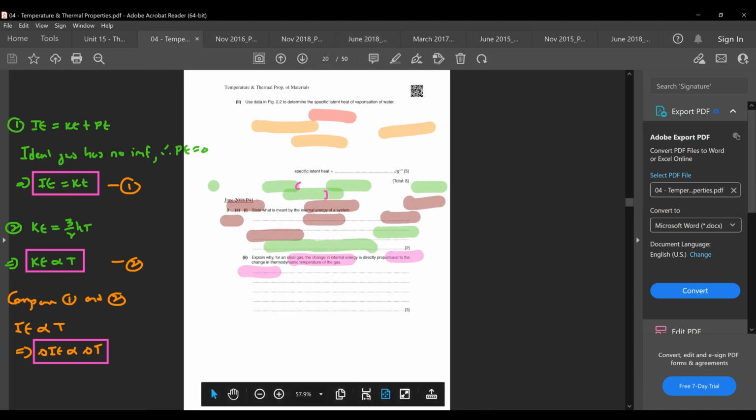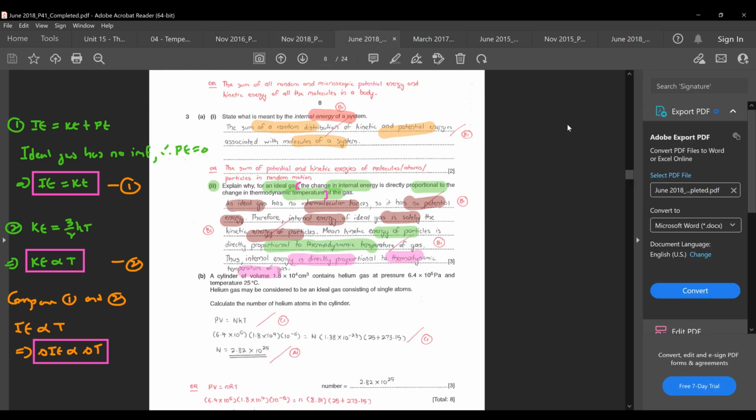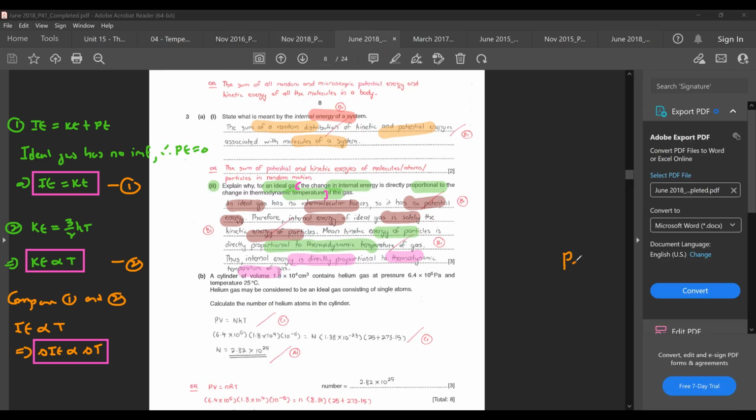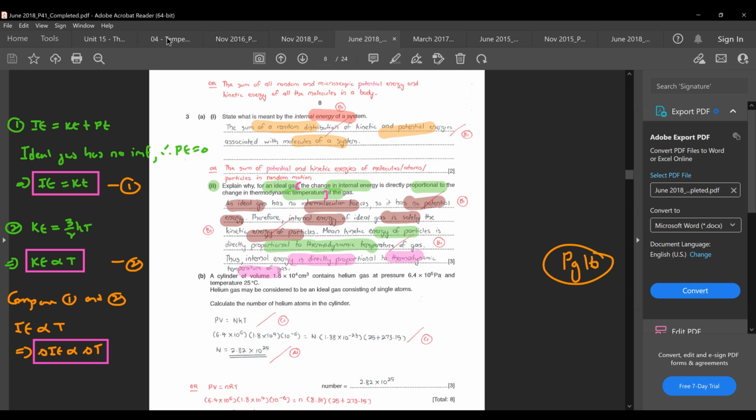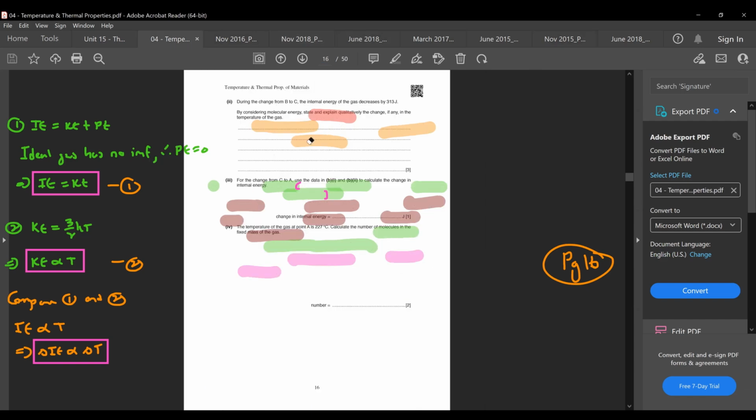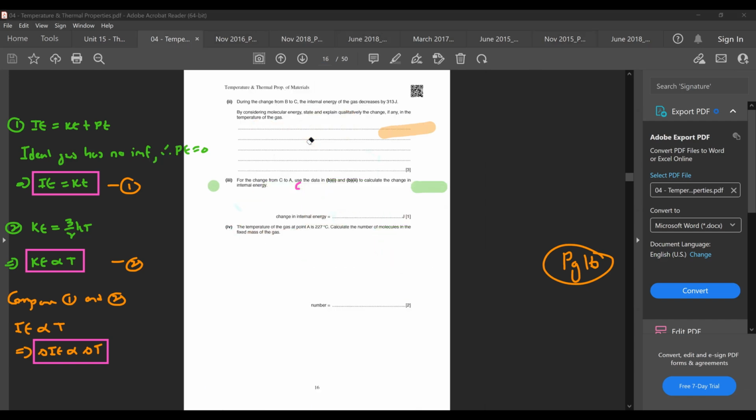Then I move on to a separate question. So have a look at page 16 of your worksheet. But the beginning of the question is page 15. All right, so have a look at page 15 actually. That's the beginning of your question.